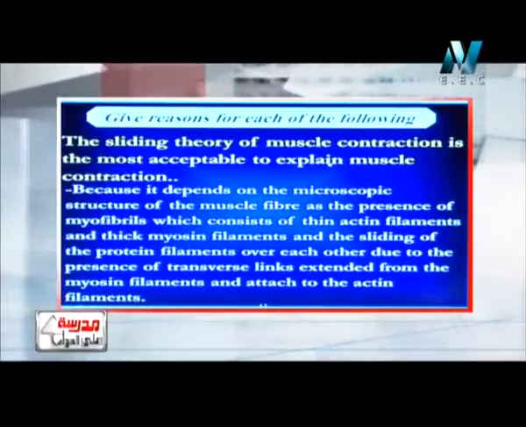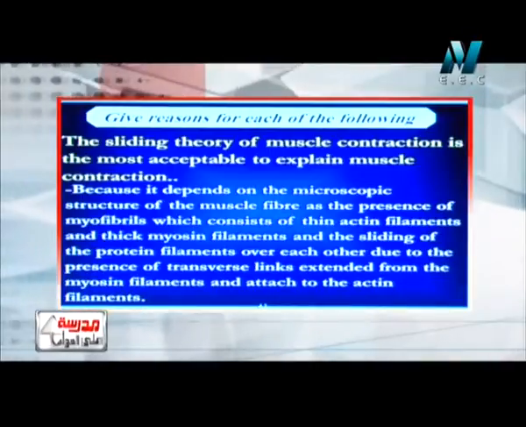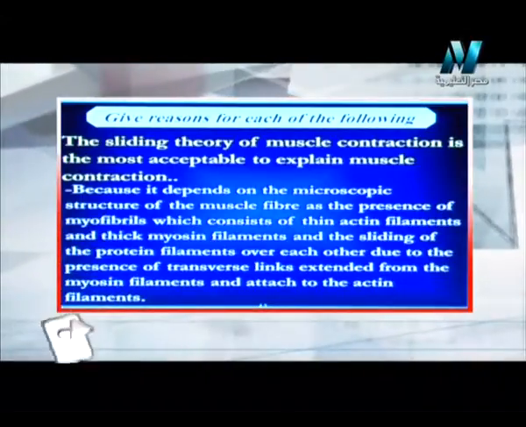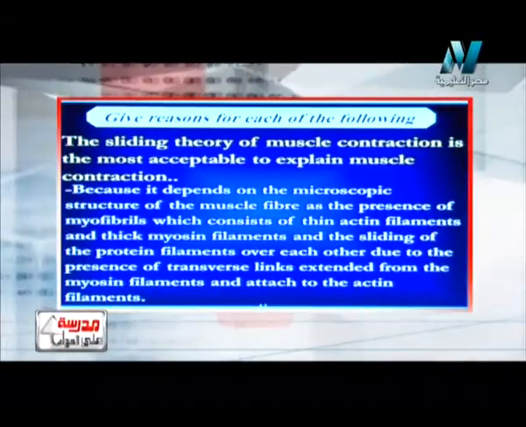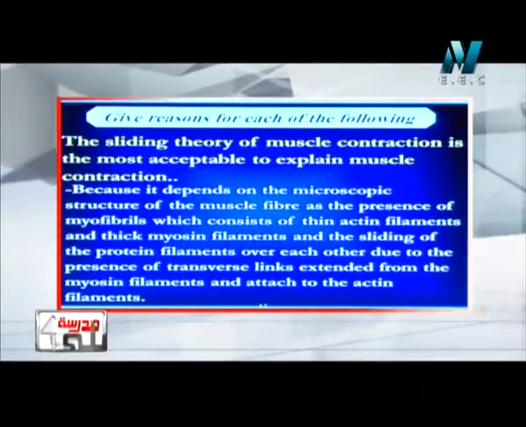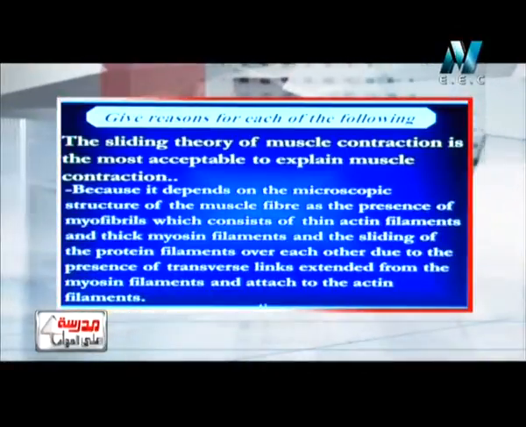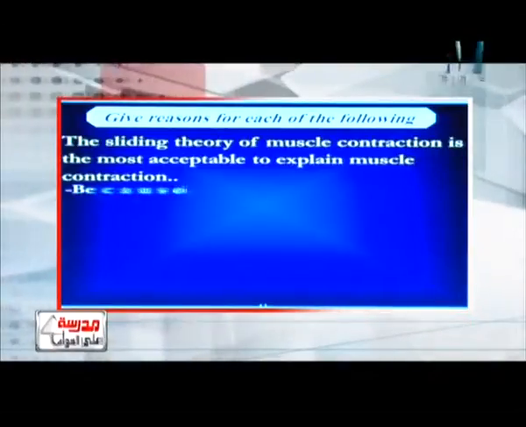Give reason, the sliding theory of the muscle contraction is the most acceptable to explain the muscle contraction. The sliding theory of Huxley is the most acceptable theory of muscle contraction because it depends on the microscopic structure of the muscle fiber and the presence of the myofibrils, which consist of thin actin filaments and thick myosin filaments.